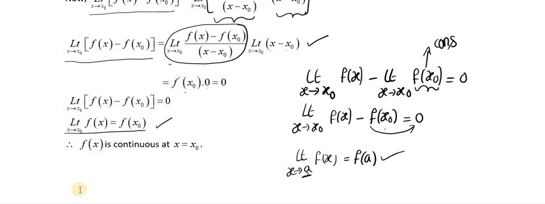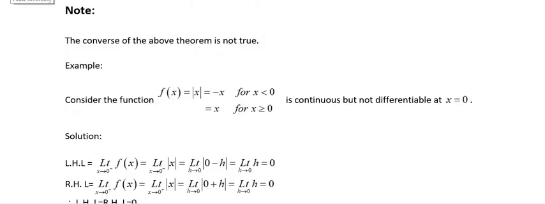Therefore, we can say that every differentiable function is continuous at the same point. That means differentiability at the point and continuity at the point must go together. Note, the converse of the above theorem is not true.